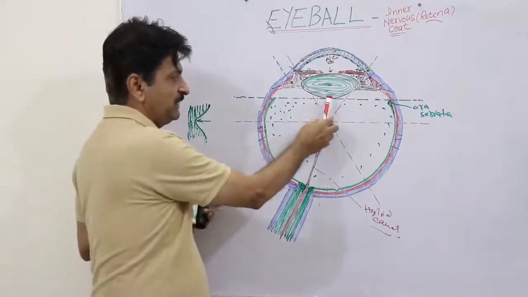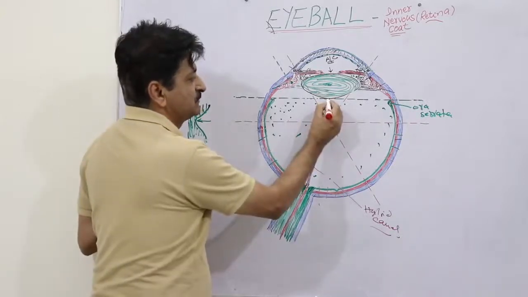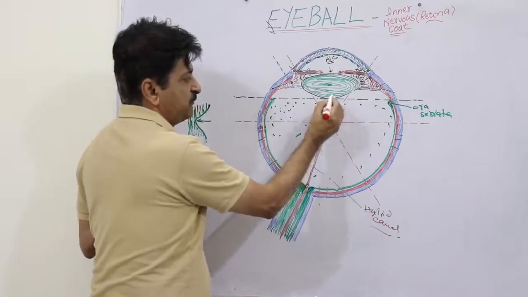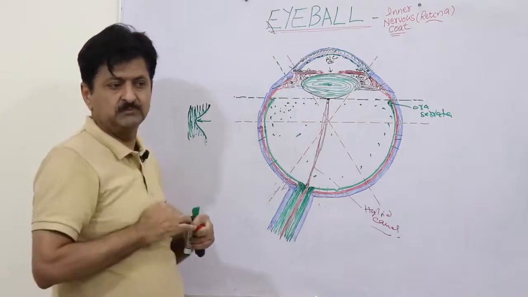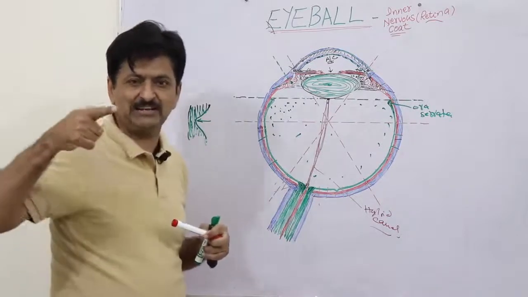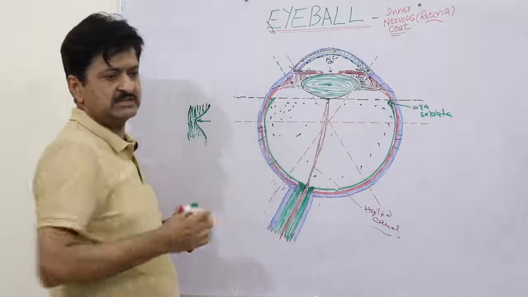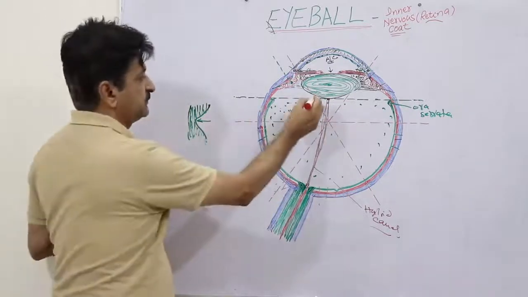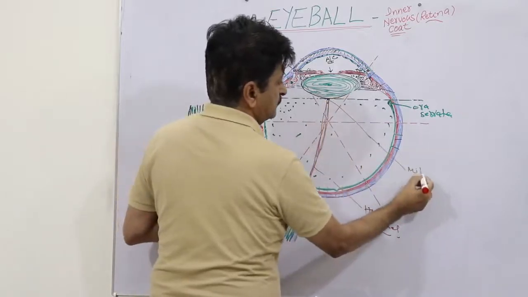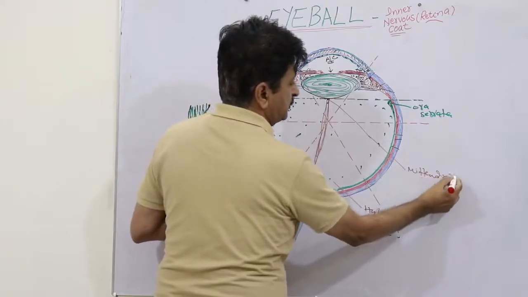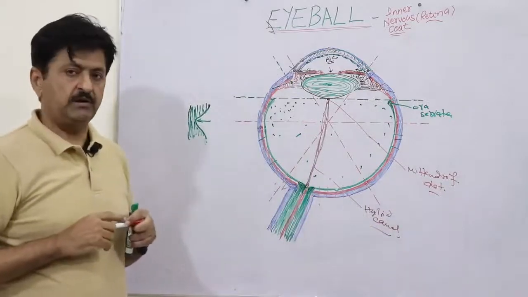and reaches up to the posterior central point of the lens. On this posterior side of the lens, where it is attached, there is a small circular opacity. That does not affect the transparency of the lens. This small circular opacity present on the posterior lens capsule represents the anterior attachment of the hyaloid canal.